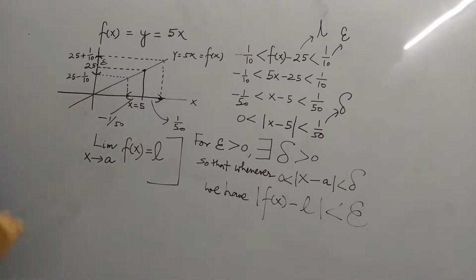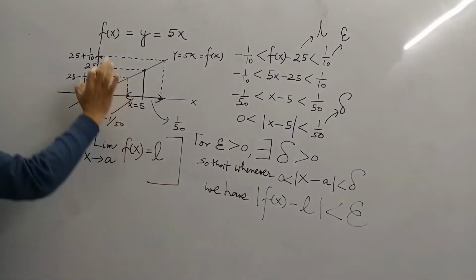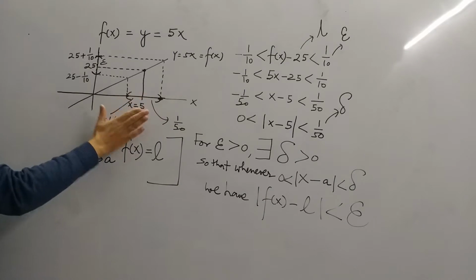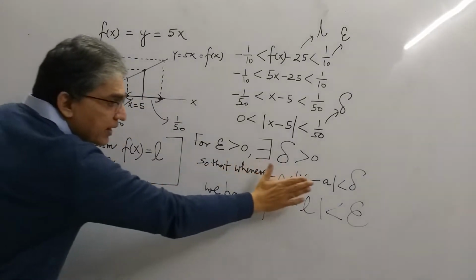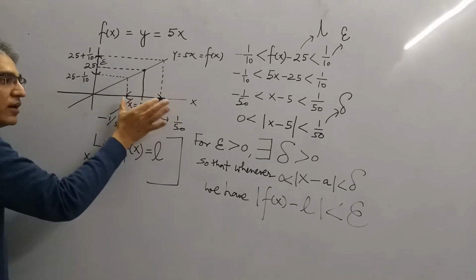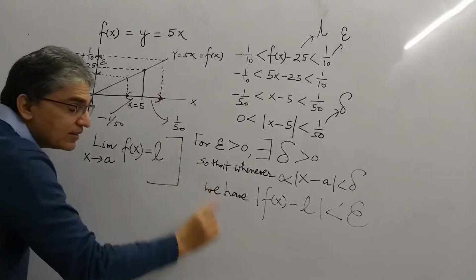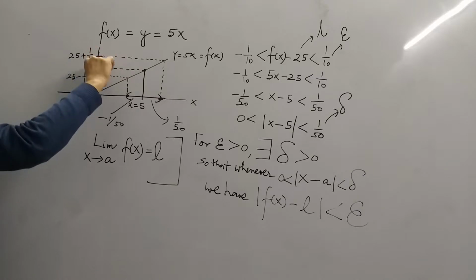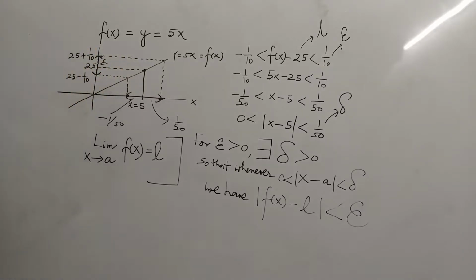I'll repeat for the last time. For any epsilon, in my case 1 by 10, there exists a delta, in my case 1 by 50, so that whenever I put my independent variable between plus and minus 1 by 50, there is a guarantee that my function will lie within the bounds of the limit by an epsilon. So this is the proper definition of limit. Now this is written in textbooks, and the first look at this will be very perplexing, but this is not difficult at all.